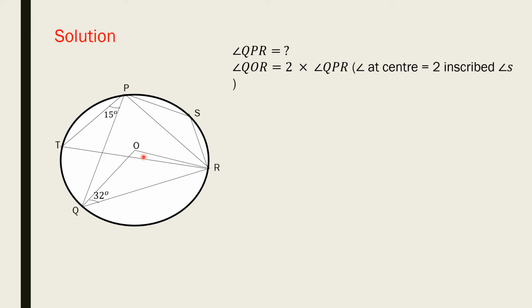The angle at the center is twice the inscribed angle. Since it's twice, if we make QPR the subject, that means it is half of angle QOR.